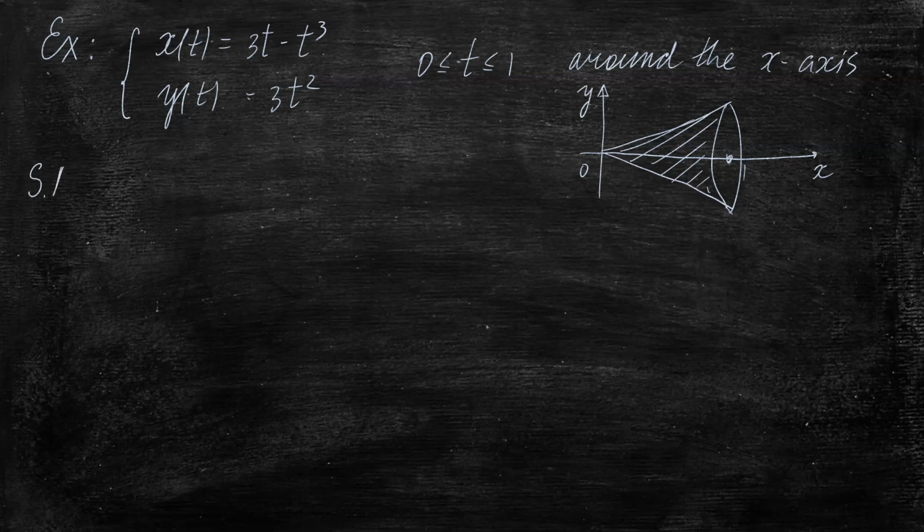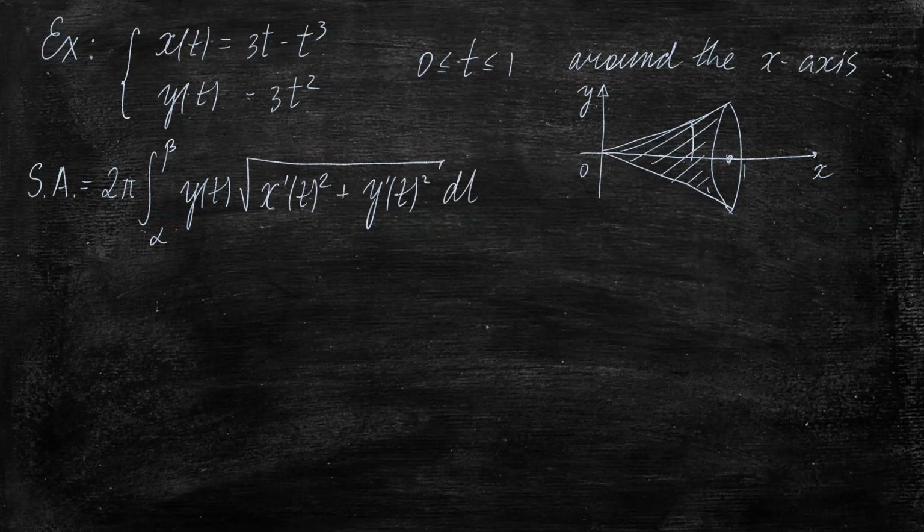And according to the formula that we just discussed, we're going to set it up as the integral from alpha to beta, and the radius here is just the y value, so it's going to be y of t times the square root of x prime of t squared plus y prime of t squared dt.